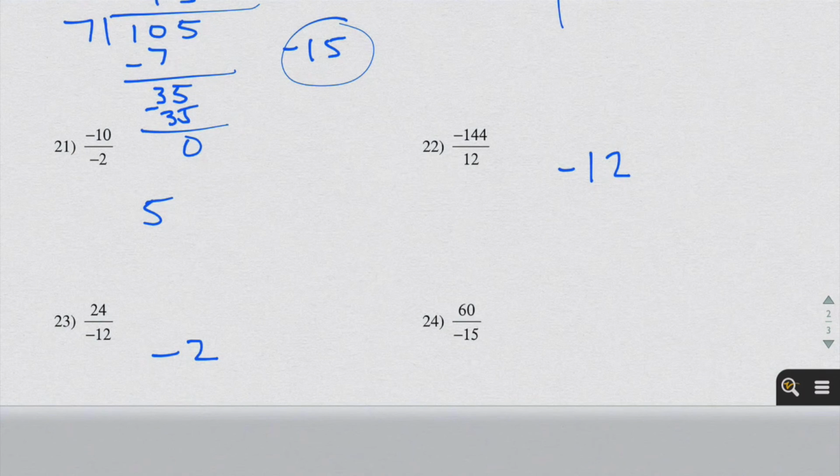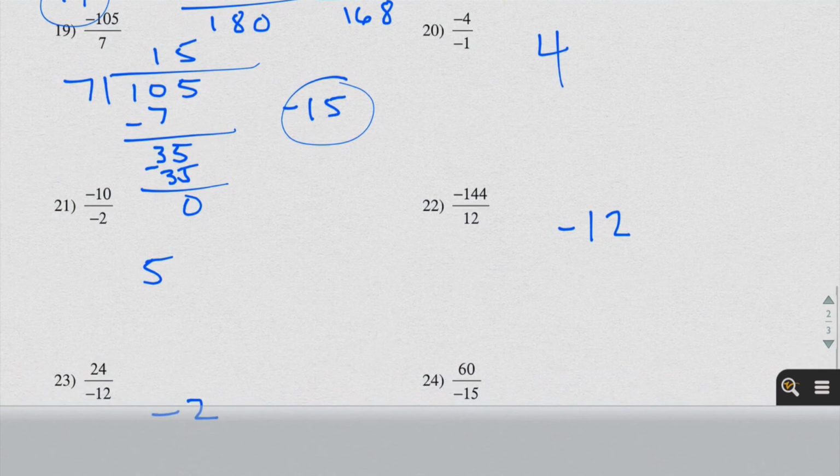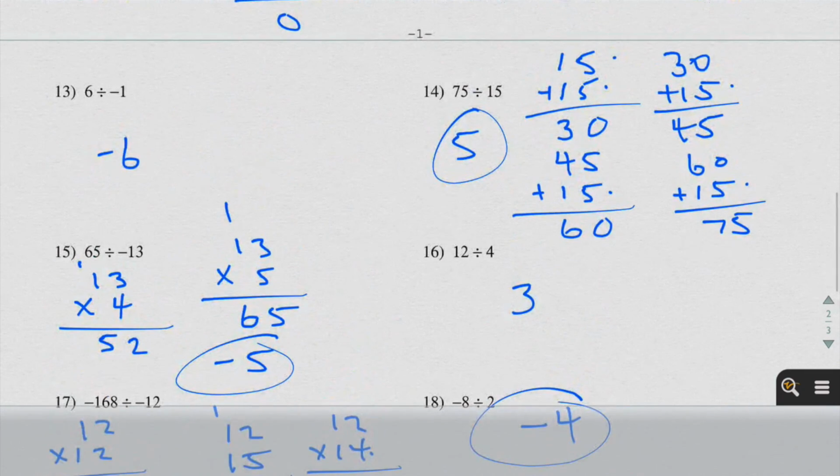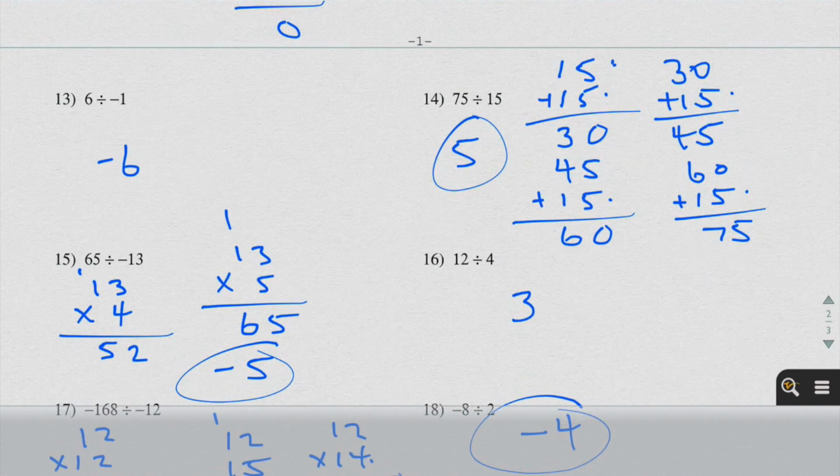Okay, 24. 60 divided by negative 15. Similar to the other strategy we did in 22 where we looked at some of the past work, I already remember that we did multiplying by a certain amount, number 14, where we looked for 75. We know that when we did 15 and 15, we got 30. 30 plus 15 was 45. 45 plus that 15 was 60.